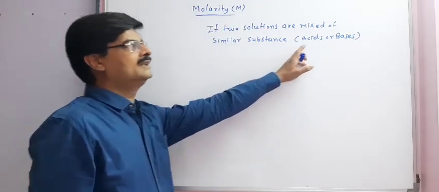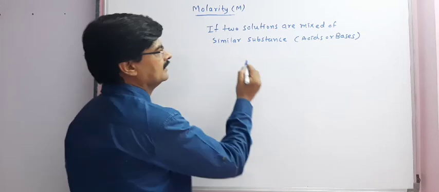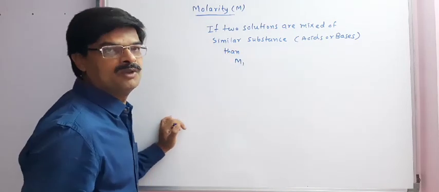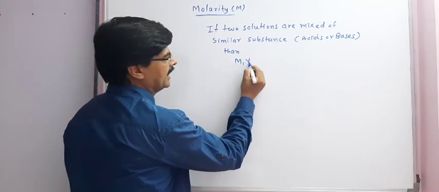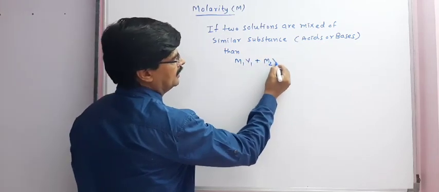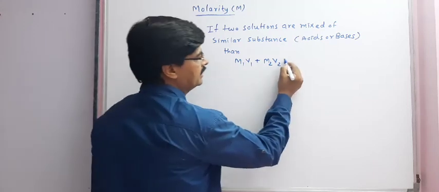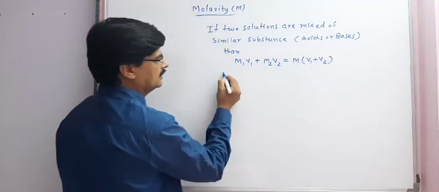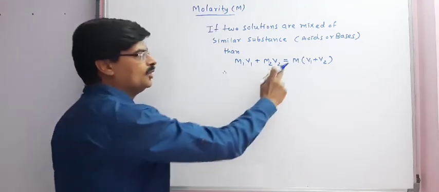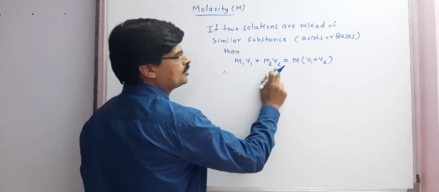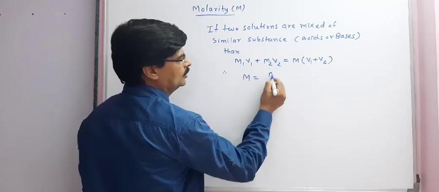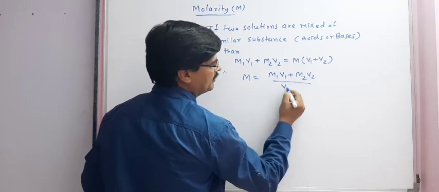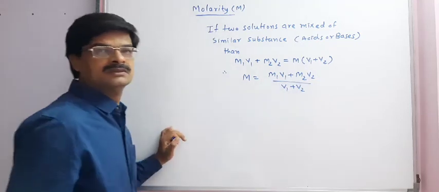If both are either acids or bases, then we can utilize this formula to find out the new molarity. M1V1 plus M2V2 is equal to M into V1 plus V2. Therefore, we can find out the molarity on mixing of these two solutions. M is equal to M1V1 plus M2V2 divided by V1 plus V2.